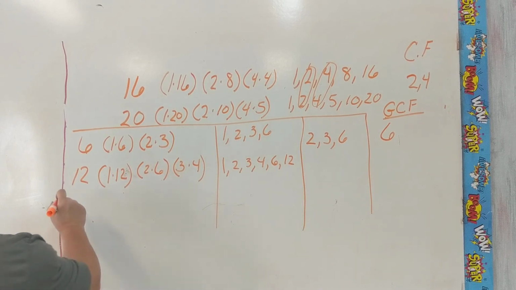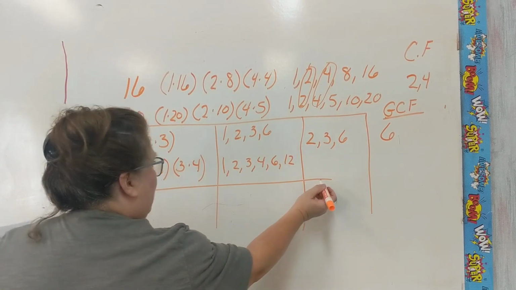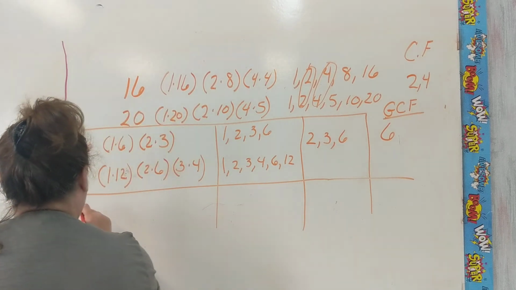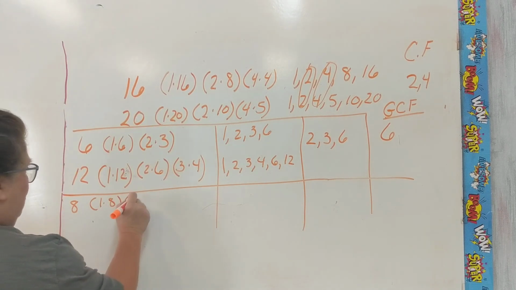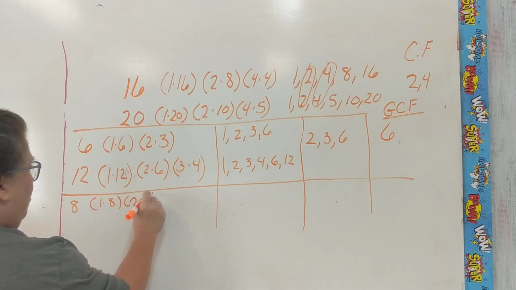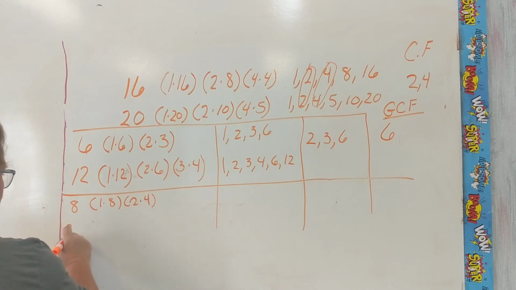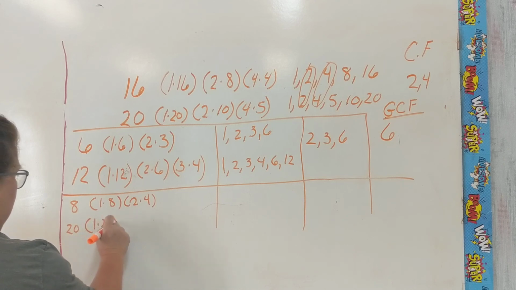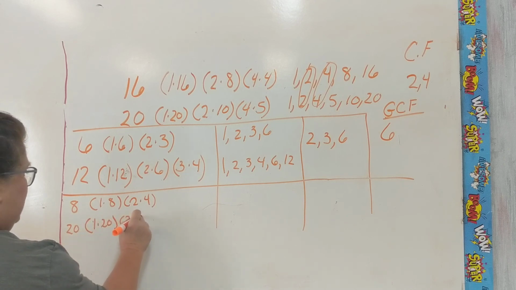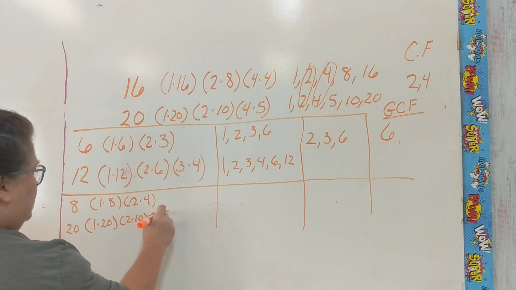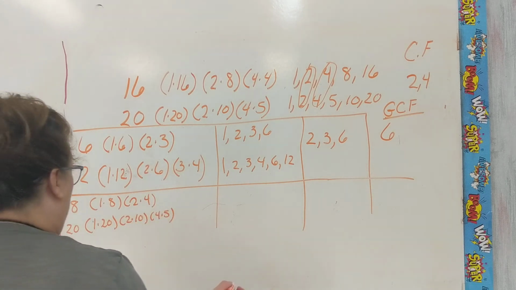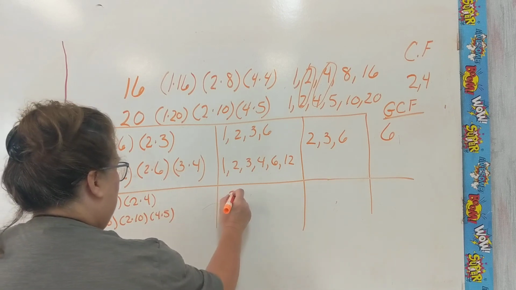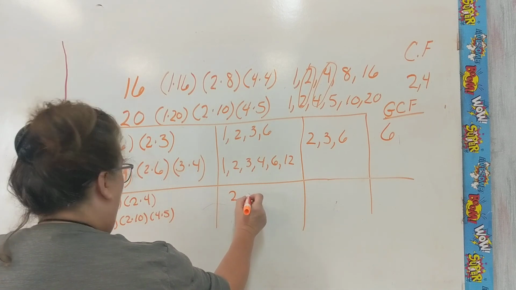Let's look at 8 and 20. So for 8 and 20, our factor pairs for 8 are 1 times 8, 2 times 4. Our factor pairs for 20 are 1 times 20, 2 times 10, and 4 times 5. So our common factors are 2 and 4, right?